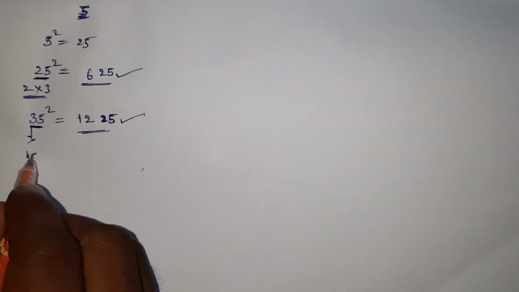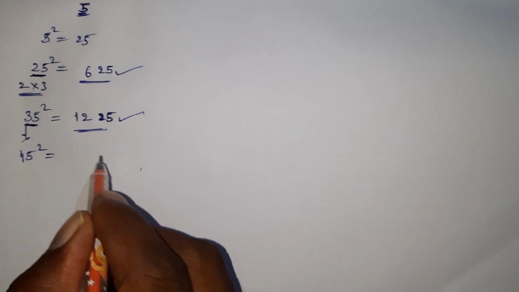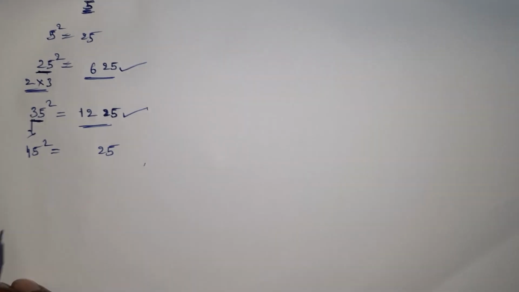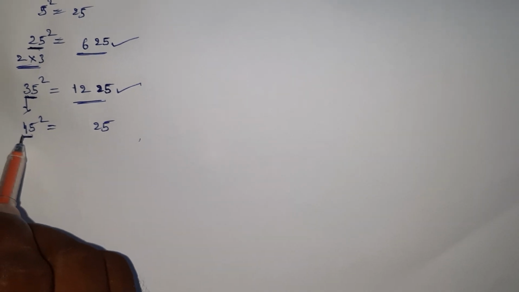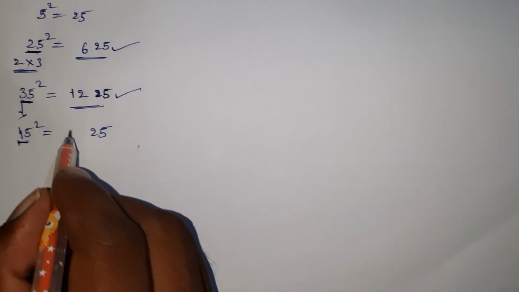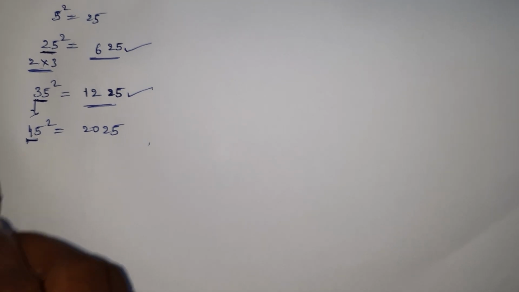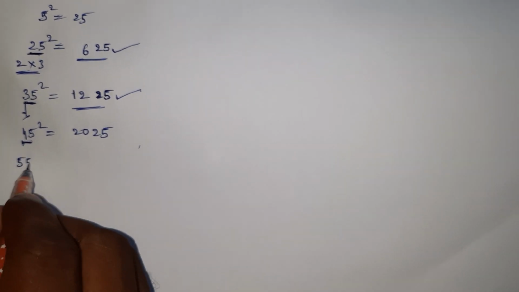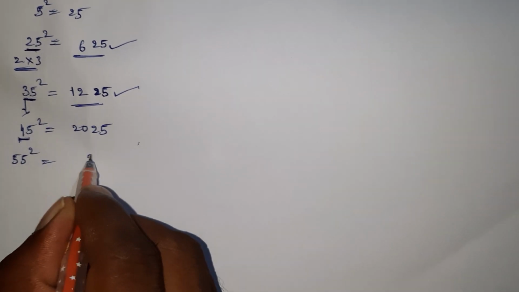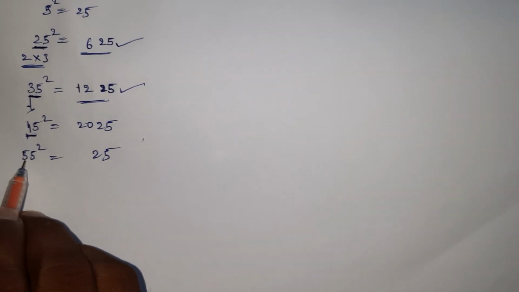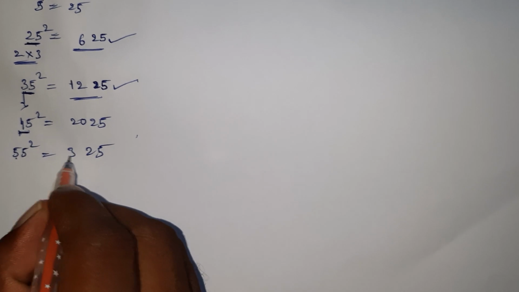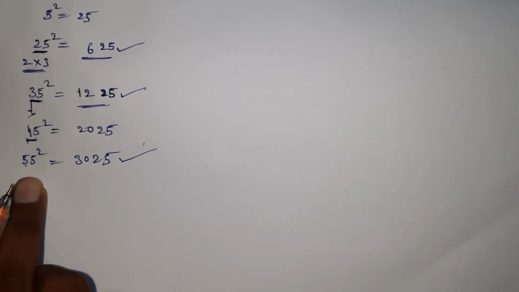And 45 square. 45 square again 25, right, like this, and here the tens place number is 4, 4's next number is 5, 4 5s is how much? 20, 2025. And 55 square, 55 square again 25 common, so 5's next number 6, so 5 6s are 30, so 3025 is 55 square.